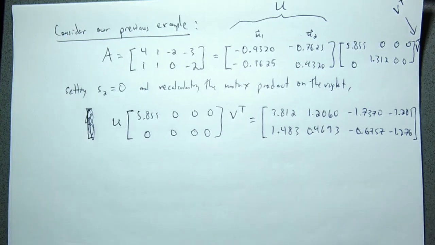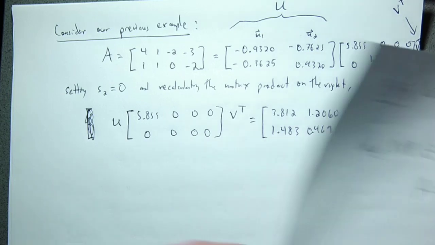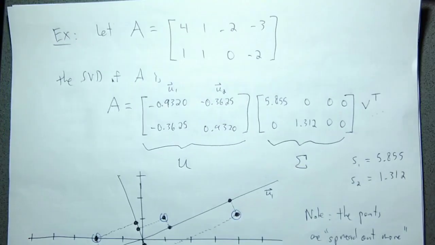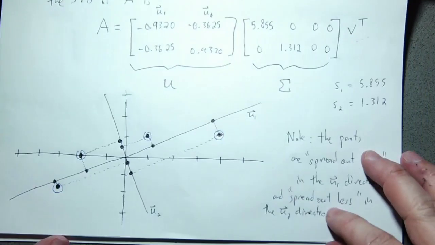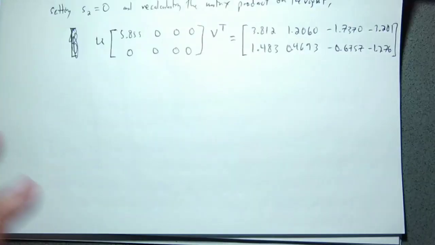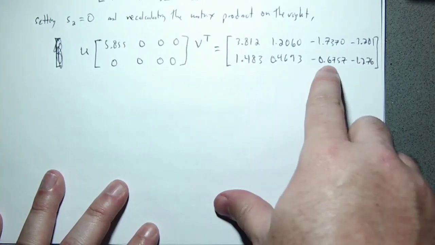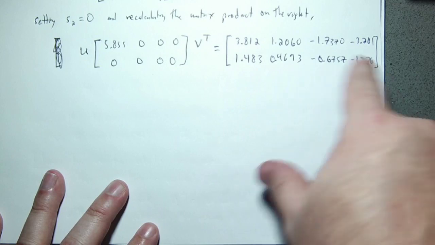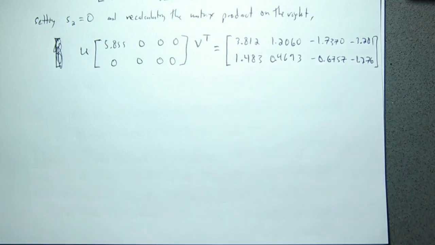Now, the idea is to plot this to see what I get. I'm not even going to draw another picture. I'm going to refer to the picture that I'd previously drawn. What do I get when I plot these 4 data points, the 4 data points corresponding to the columns in this matrix product? Let me get a different color pen.